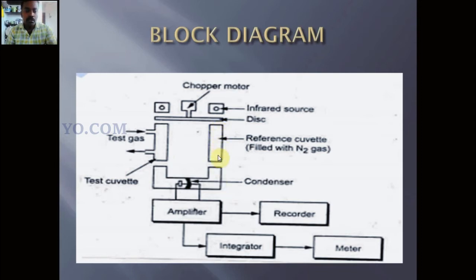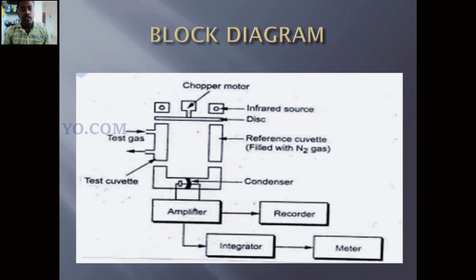Both containers are transparent, so the rays pass through the containers and are received here. The condenser converts the received infrared rays into an electrical signal that is given to the amplifier. The amplifier output is recorded by the recorder, and the other amplifier output is given to the integrator. That integrator is connected with the meter, which shows the respiration activity.